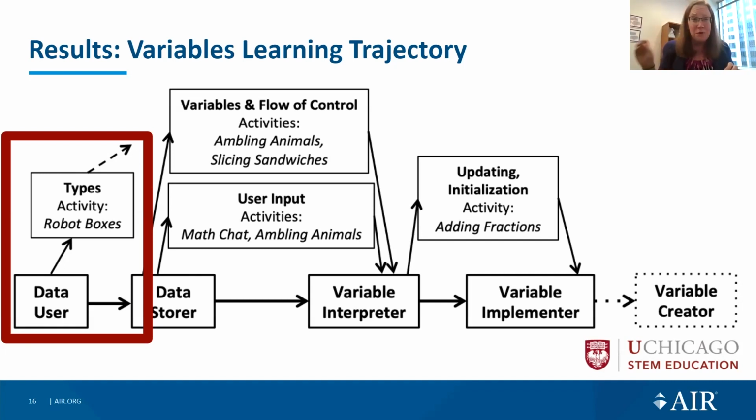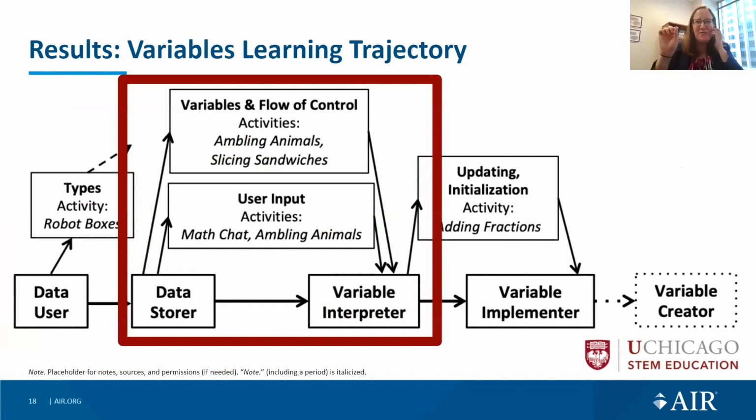You'll see when we move to the next one that we make this next transition, from what we call data store to variable interpreter, because they're making a very important change in perspective here. That's why we have so much stuff above this transition. They not only are doing that action, kids are the computer in a sense.